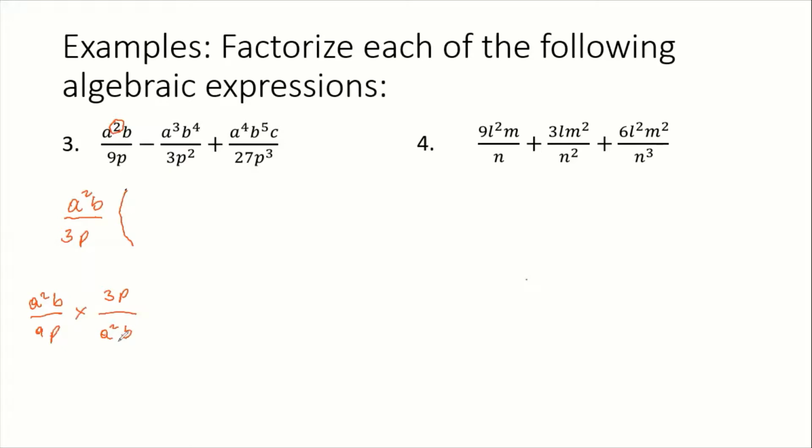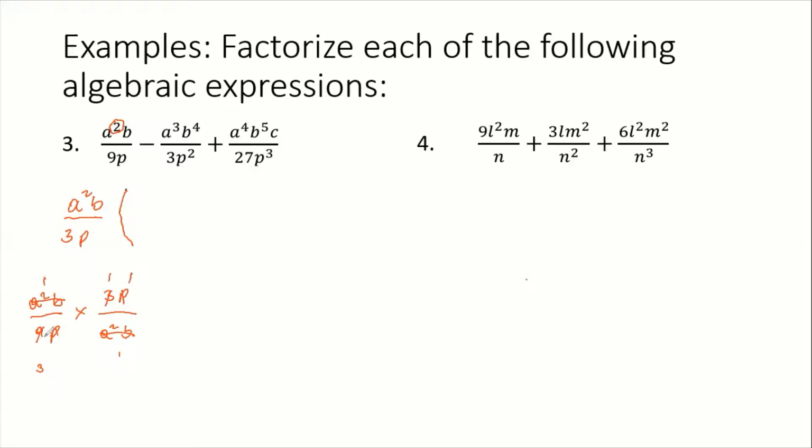Now what this allows us to do is to just cancel easily. So note that we have a squared b in the denominator and we have a squared b in the numerator, so that divides itself one time. And here we have 3, so 3 into 3, that's 1, and 3 into this 9 will give us 3. And p into p, that's just 1.